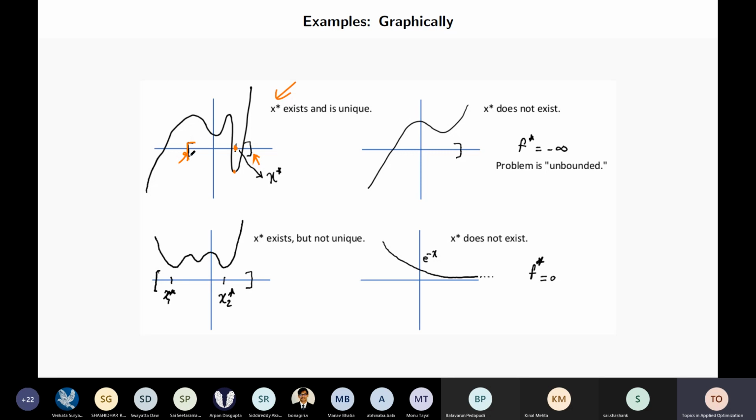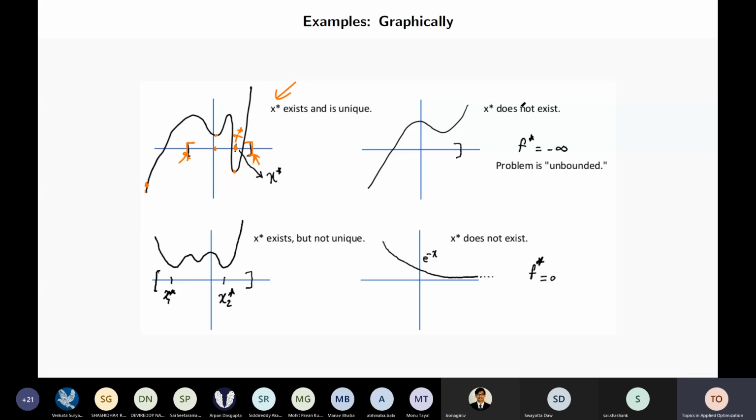Remember, our focus is on this interval, so we are not looking at these values, which are lower. Since we are given only this domain, x star exists, and it is unique, because there is no other x star for which the same minimum is obtained. There is a local minimum, but this is not x star. X star is the global minimum, so x star is only one.